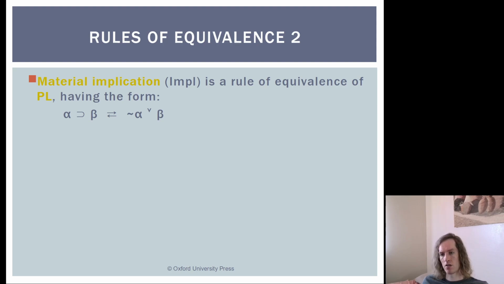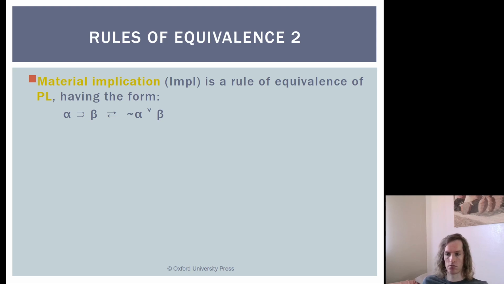So if we think about, well, either it's not the case that alpha or it's the case that beta, we can see that the situation in which alpha is true and beta is false from the conditional, or the relation of alpha being true and beta being false, is what's excluded here.